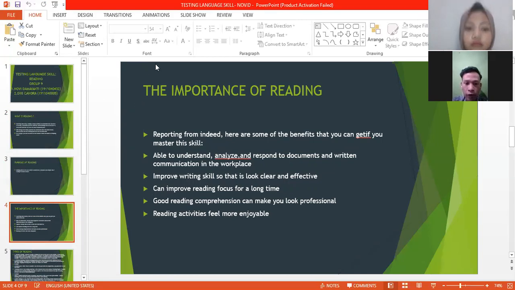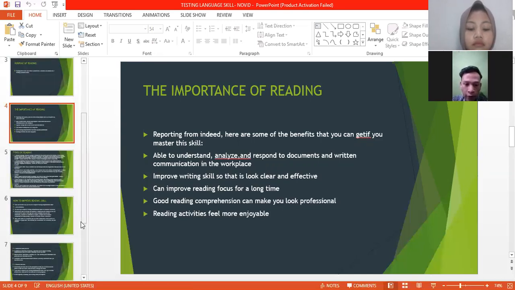The importance of reading. Reporting from Indeed, here are some of the benefits that you can get if you master this skill. Able to understand, analyze, and respond to documents and written communication in the workplace.